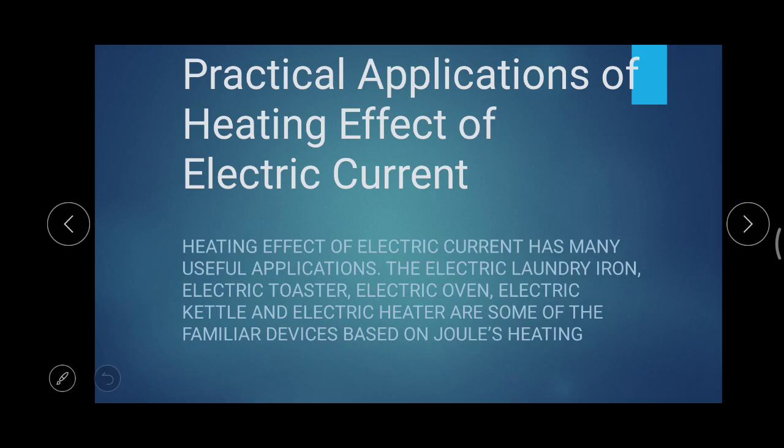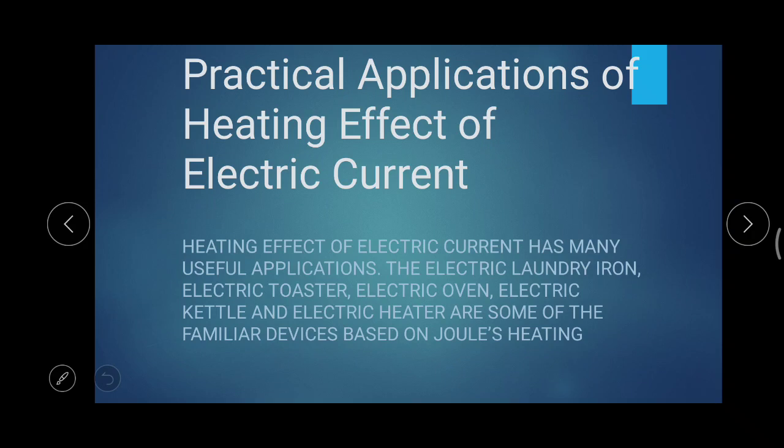So first of all, the practical applications of the heating effect of electric current. As we know, there are many disadvantages, but there are also many useful applications of the heating effect. It's like the electric laundry iron, electric toaster, oven, electric kettles, and electric heaters.